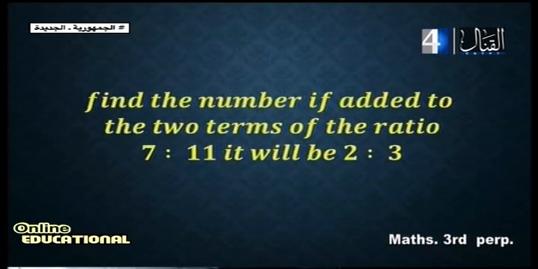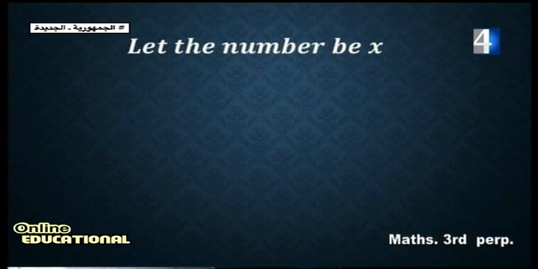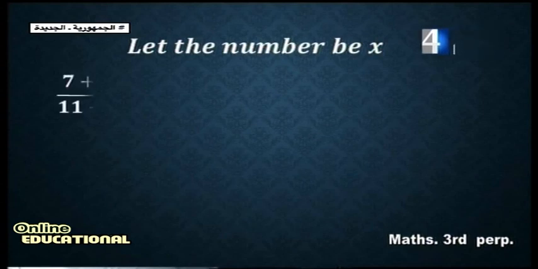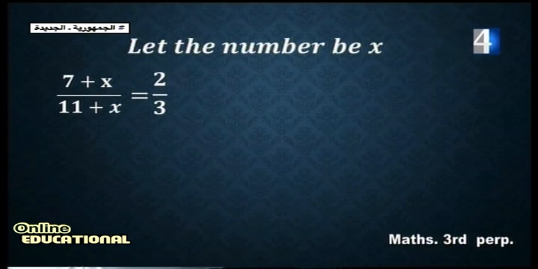So first of all, we are going to say: let the number needed be x. This number is going to be added to both terms of the ratio 7:11. So we can say that 7 plus x over 11 plus x equals 2/3.